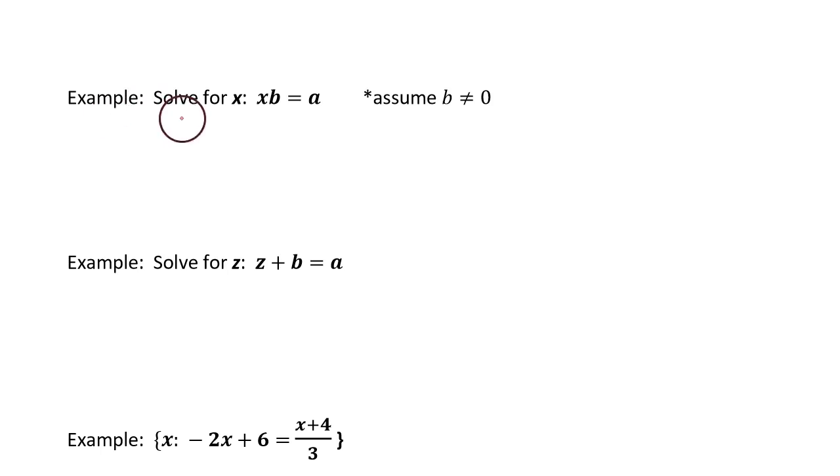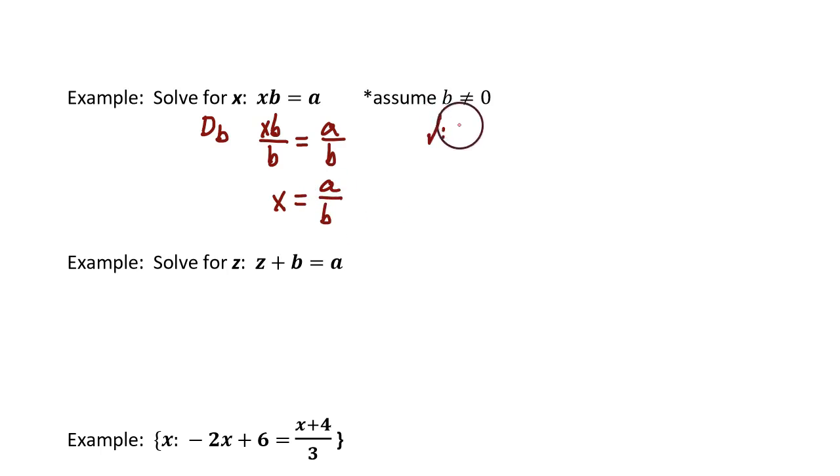Next example, solve for x in this equation. Let's divide both sides of the equation by b. This makes xb divided by b equals a divided by b. But b divided by b creates 1, and x times 1 is just x.